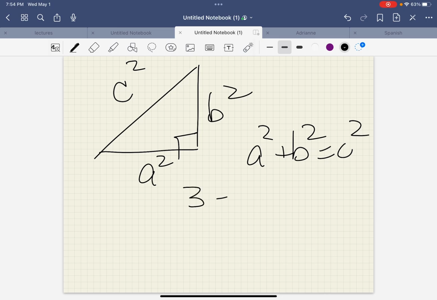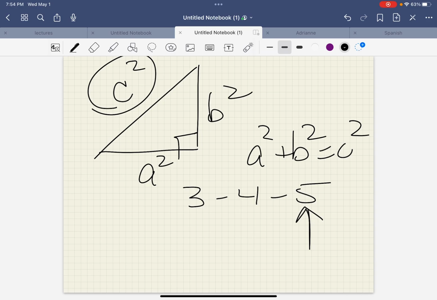So if I have 3, 4, and 5, and I want to know if that forms a right triangle, the two legs don't matter which one we plug in for, but we have to plug in for C the longest side. So in this case, the longest side would be 5.